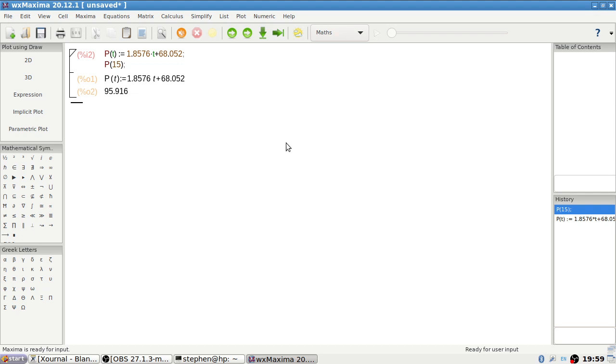Hmm. Should I not say use the model to predict the approximate percentage output, since I don't think I typed that in wrong. 1.8576t plus 68.052. Well, use the model to predict the percentage output in 2015.